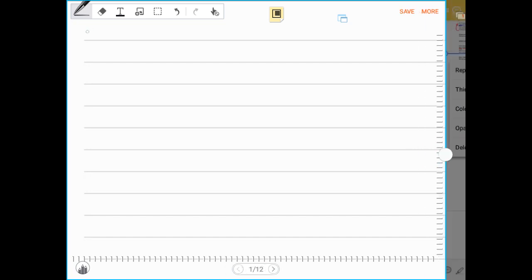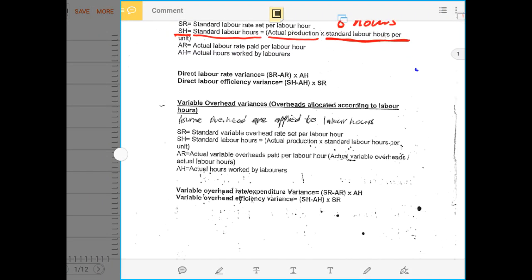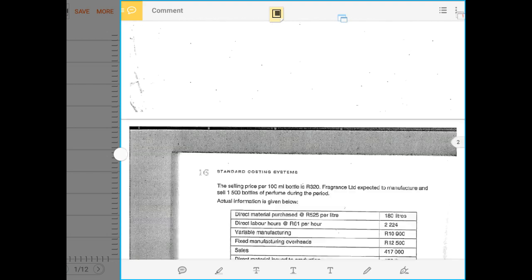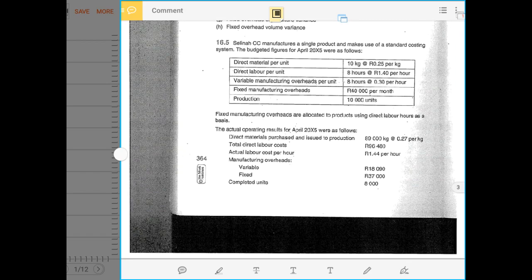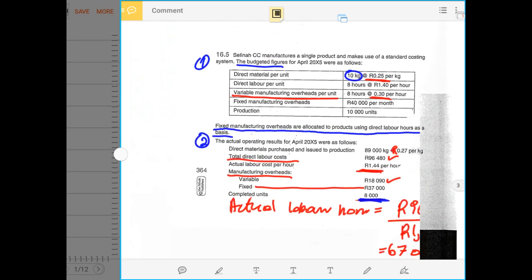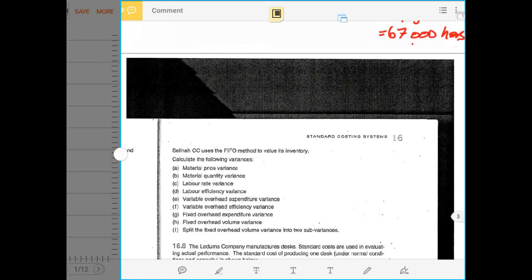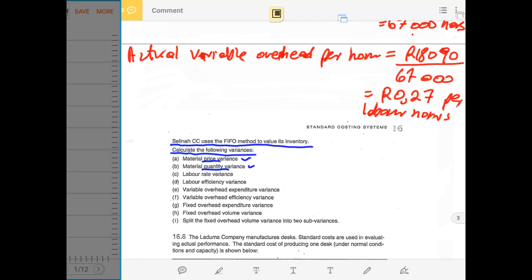So the first variance that we are doing, let me just confirm the numbering, is the material variance, and this is numbered A, B, C, D up to I. So these are the variances that we'll be doing.